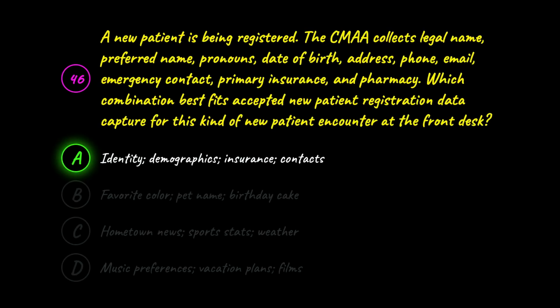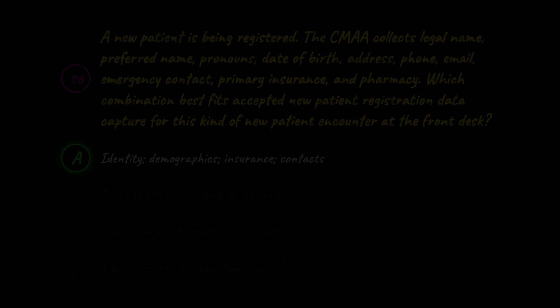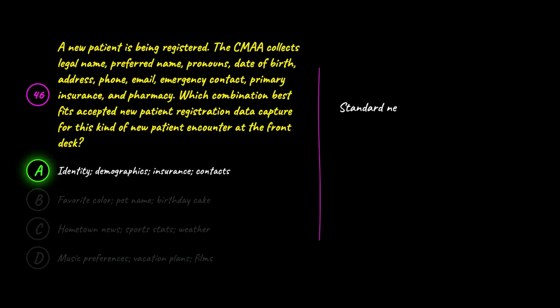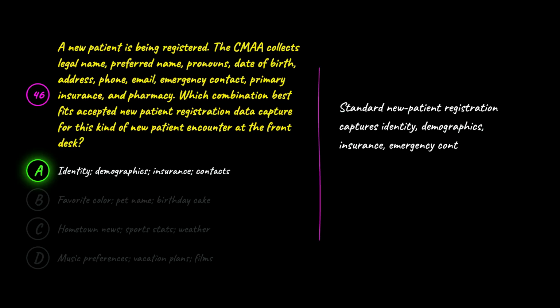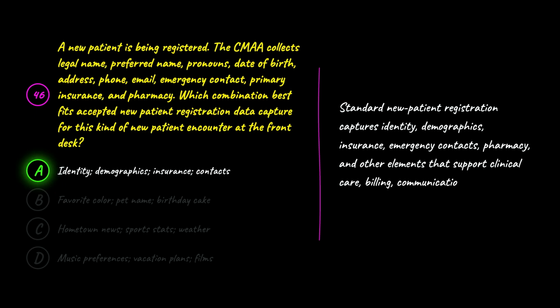The correct answer is A. Identity, demographics, insurance, contacts. A is correct because standard new patient registration captures identity, demographics, insurance, emergency contacts, pharmacy, and other elements that support clinical care, billing, communication, and population health analytics across the care relationship at the practice.